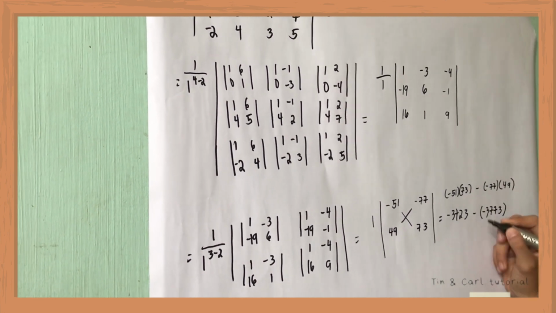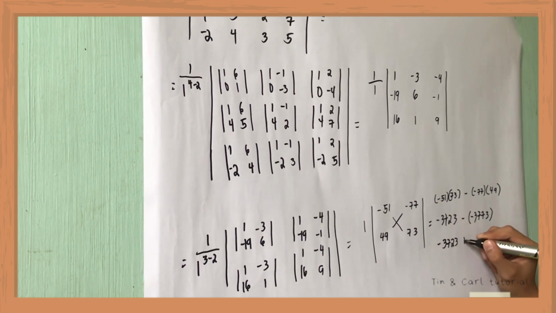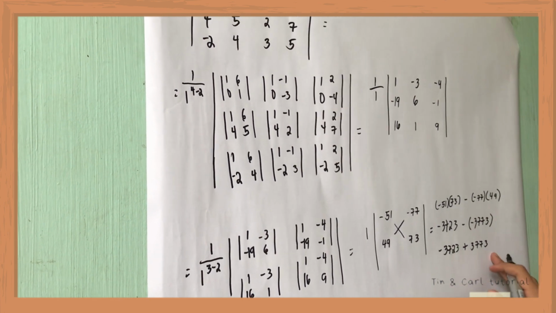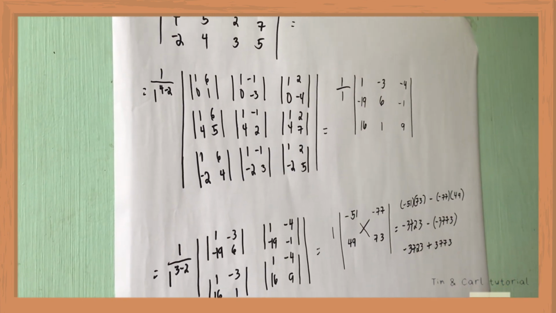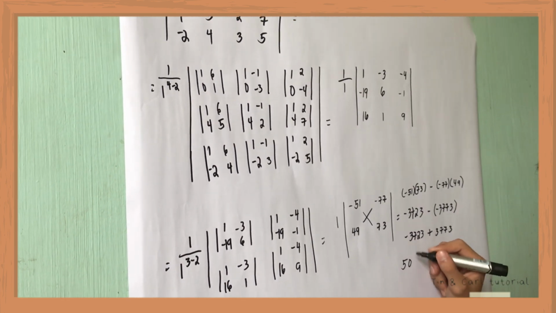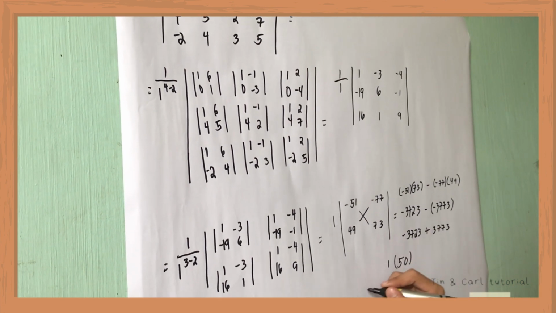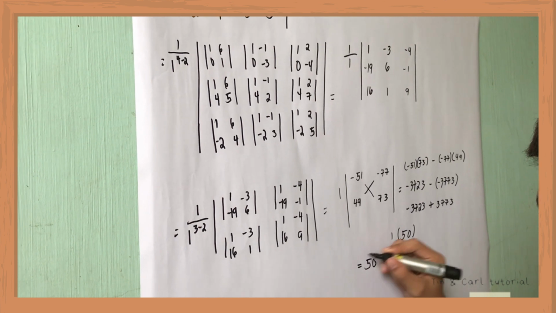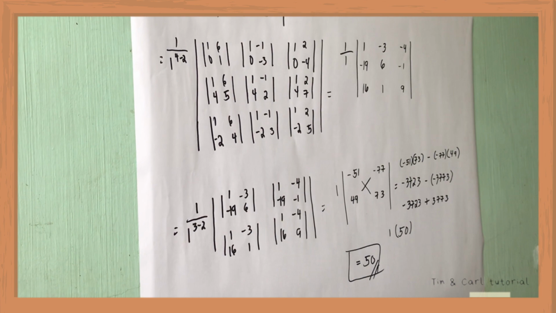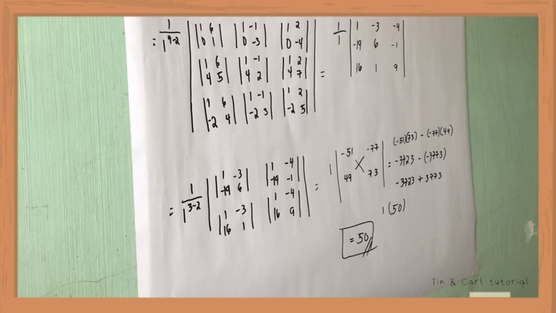So, negative yan. Magiging positive to. So, 3723 plus 3773. Pag minus lang natin yan, ang magiging value ay 50. Positive 50. So, gagamitin natin to. Multiply by 1. Ang matrix natin ay magiging 50. Determinants sa matrix na ito is 50.